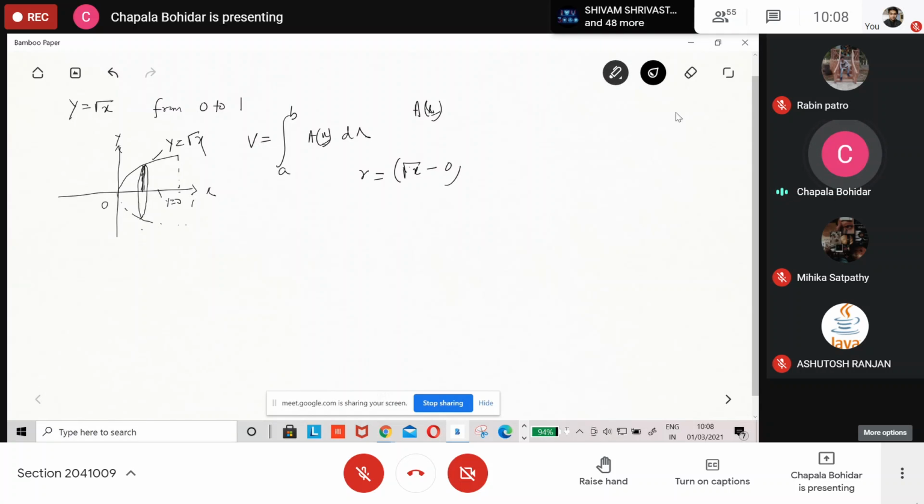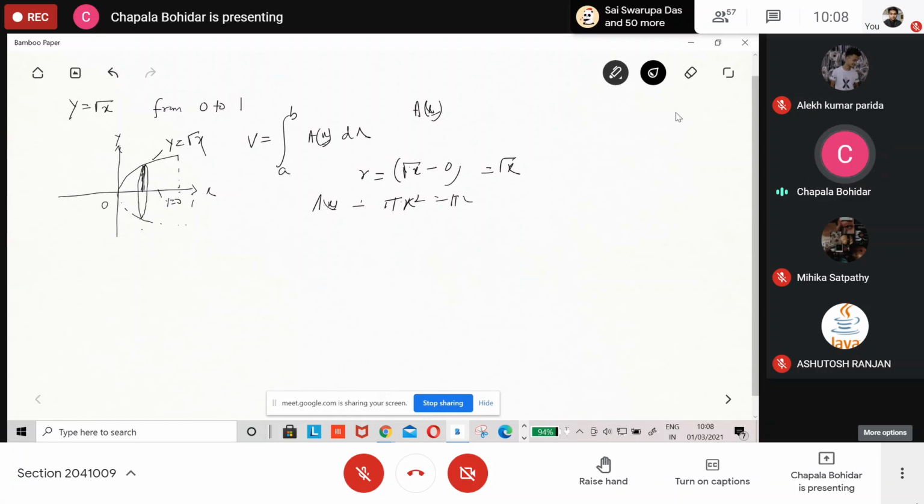This curve minus this curve is our distance. So r is equal to root x. After getting r, A(x) is equal to pi r squared, which is pi x.